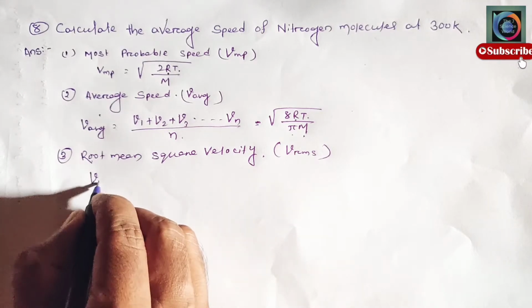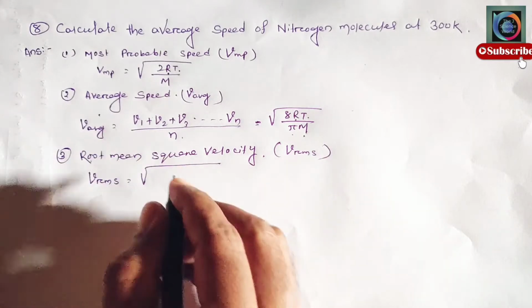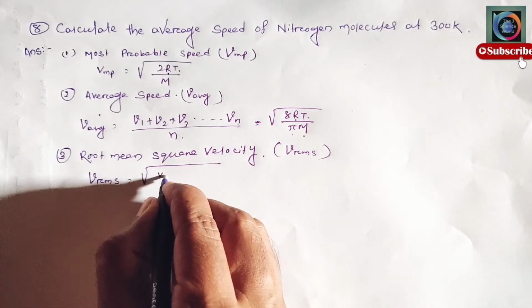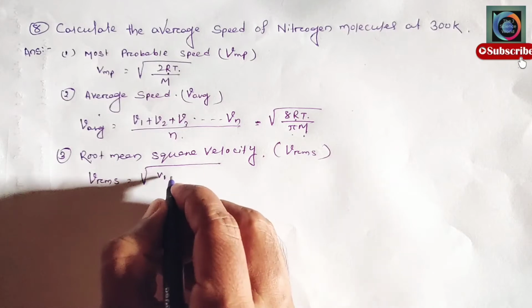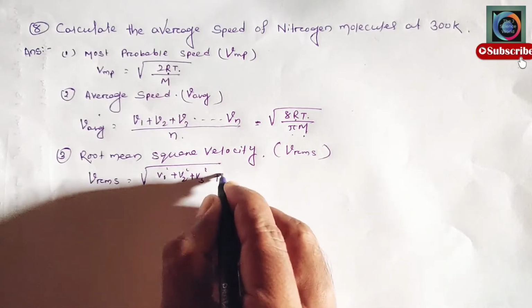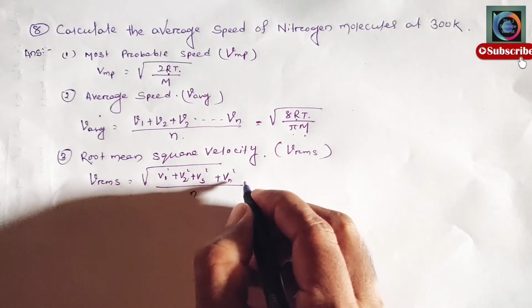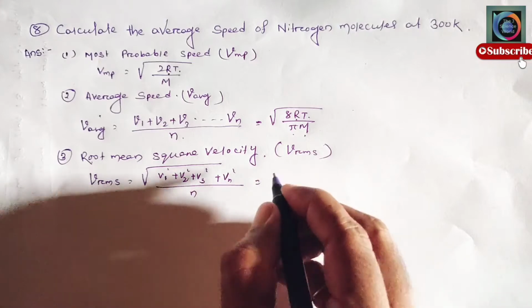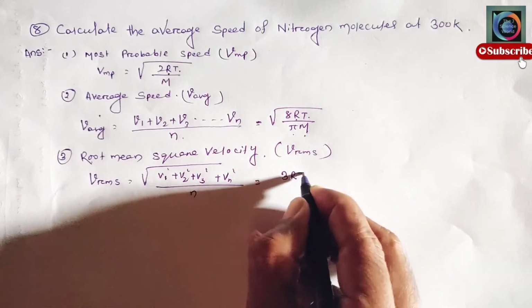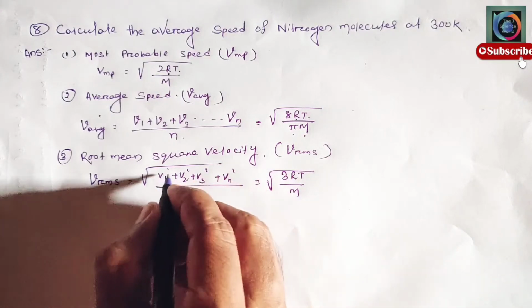That is RMS equals square root of v1 square plus v2 square and so on, whole divided by N. The mathematical expression is square root of 3RT whole divided by M.